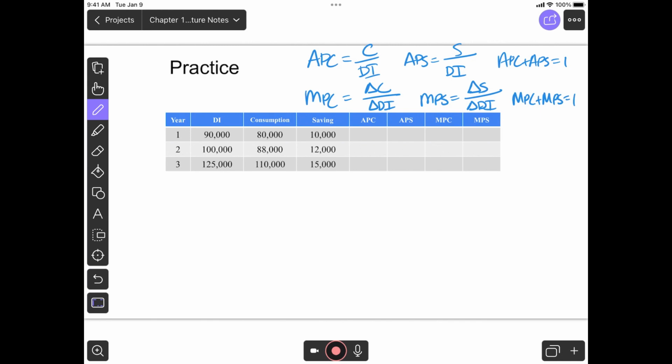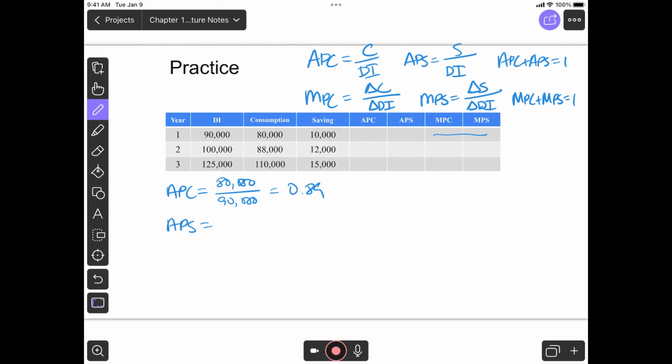All right, so in year 1, first of all, recognize that we cannot calculate the MPC and the MPS because nothing has changed yet, right? So in year 1, the APC is going to be total consumption, which is 80,000, divided by disposable income, which is 90,000. So that works out to 0.89.